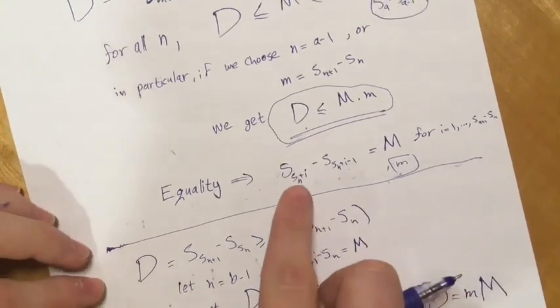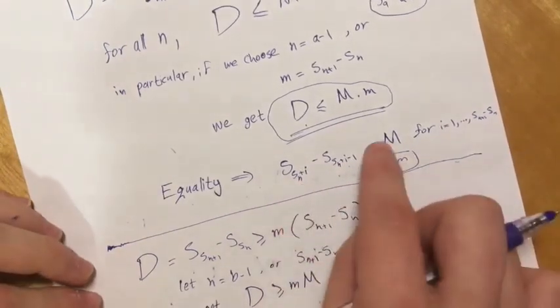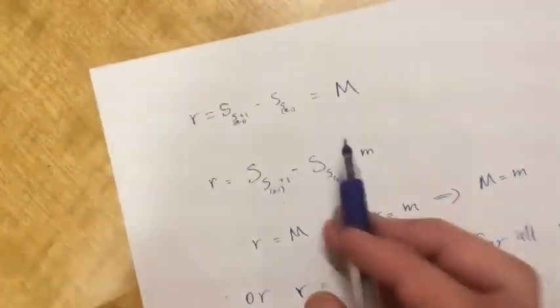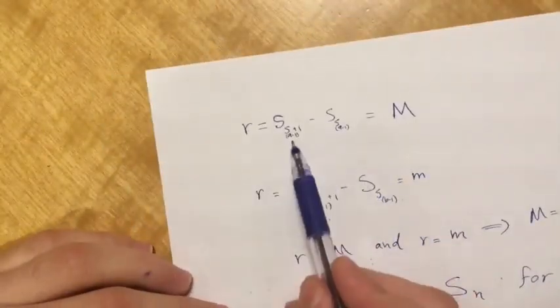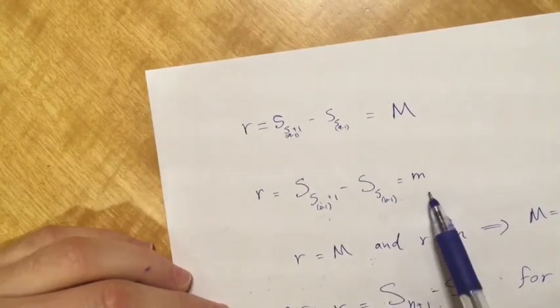Now if we look at the very first difference, namely when i equals 1, in one case it has to be capital M, in the other case it has to be small m.